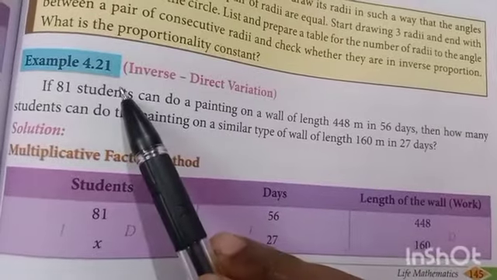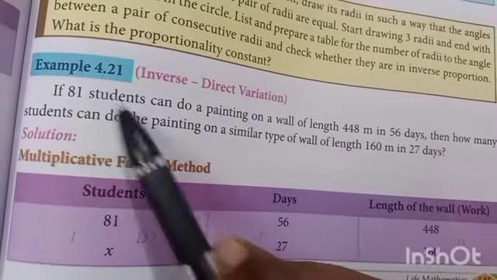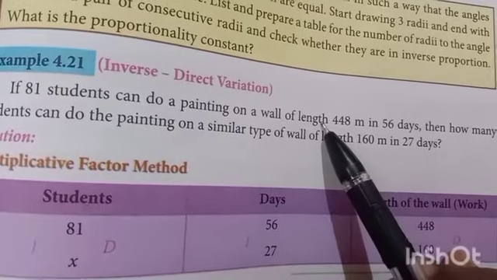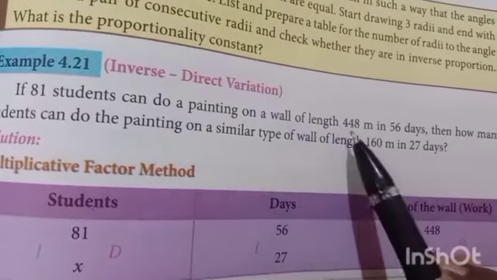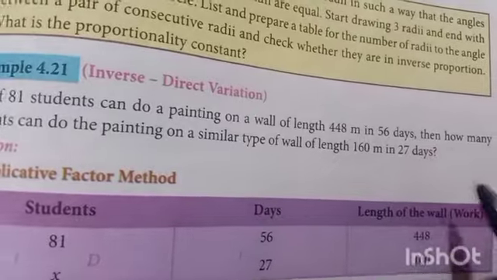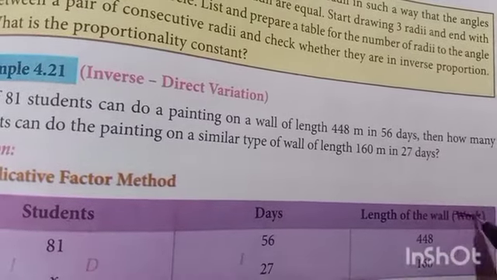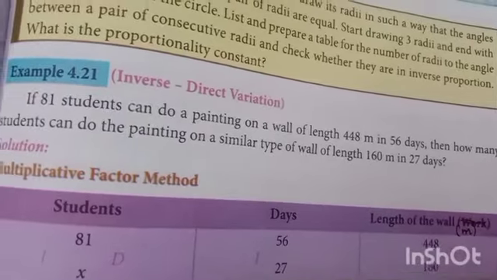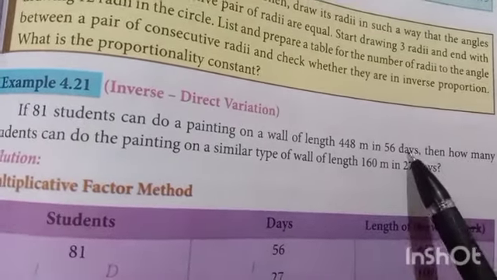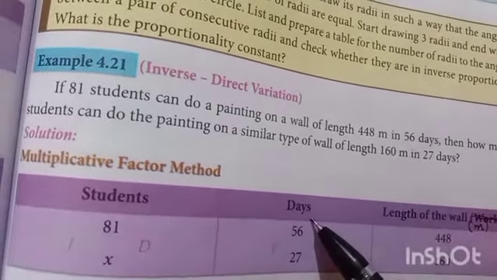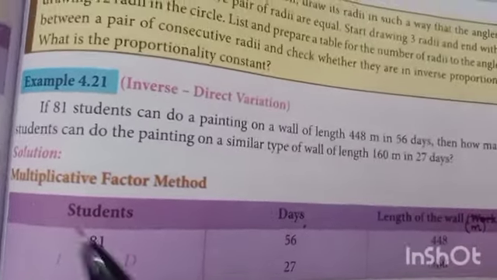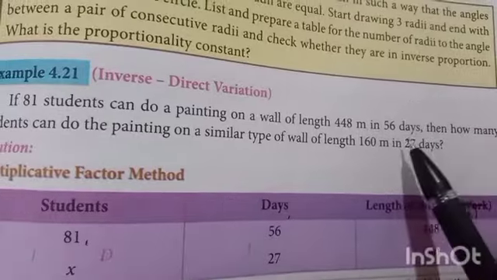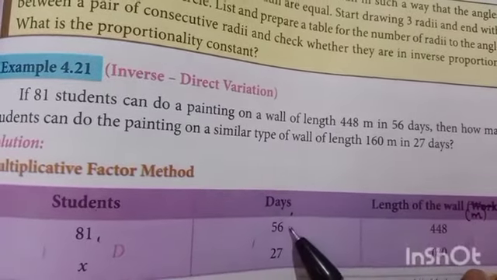So students, what are the details given? Number of students, so write students. Length of wall, given in meters. The unit you write in the bracket, it is meter. Next, what is given? Number of days. For 81 students, how many days are they working? 56 days.